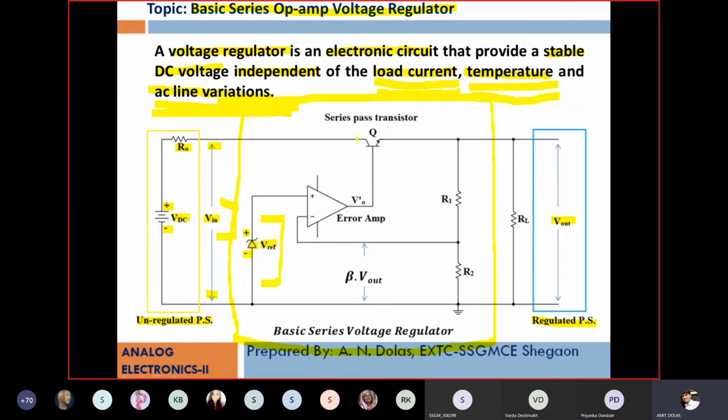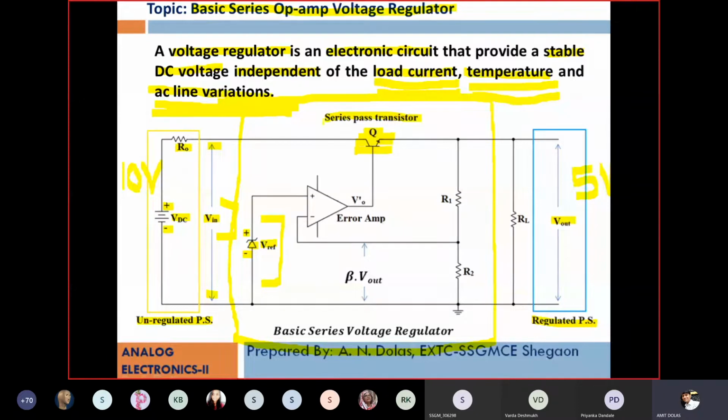Then what we need is the series pass transistor. Here this transistor is the regulating component. It will regulate the output voltage. What does it mean? Suppose I have a voltage regulator for 5 volt fixed. So Vout I need 5 volt fixed, and suppose the unregulated power supply is 10 volt. What will happen in this case?